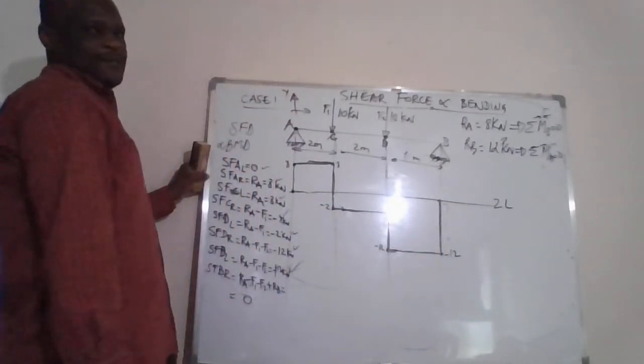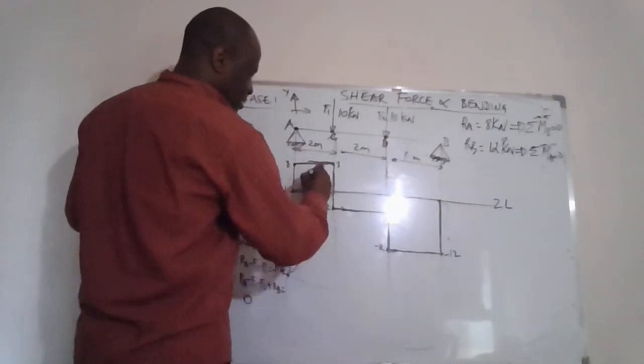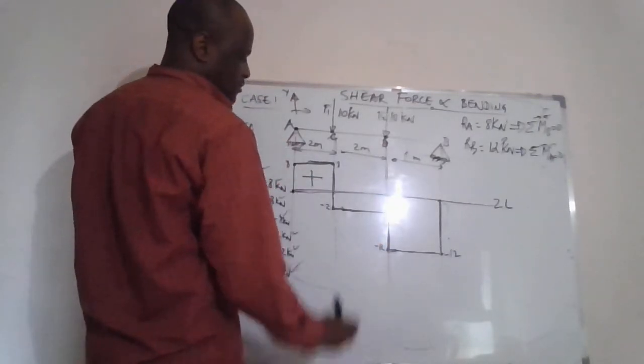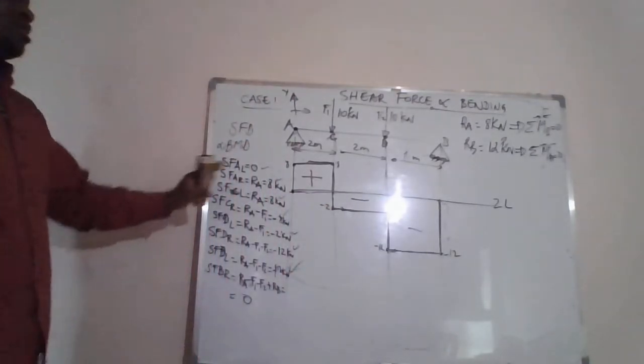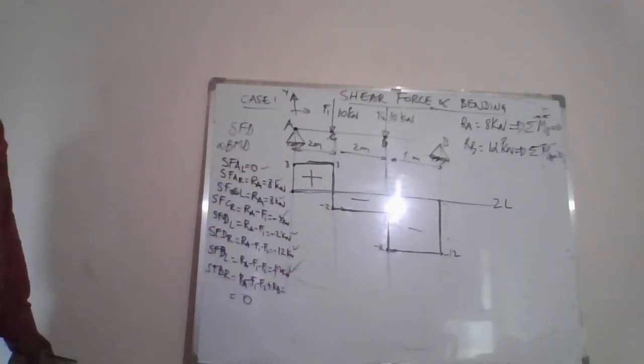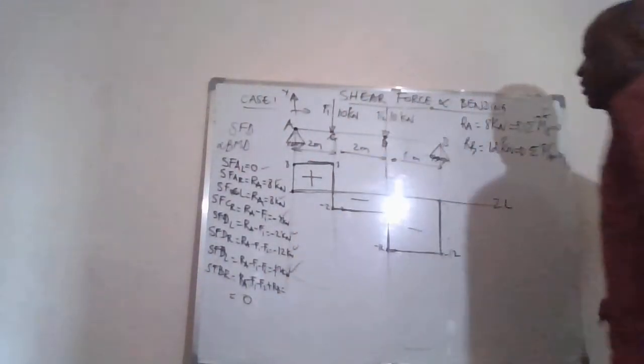But the sign, whatever is above the zero line will be given positive sign, and anything that is below the zero line will be given the negative sign. We are done with the shear force diagram.